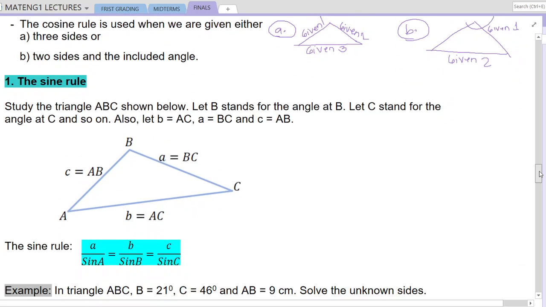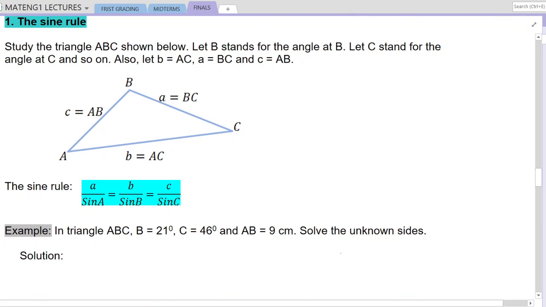For the sine rule, study the triangle ABC shown below.